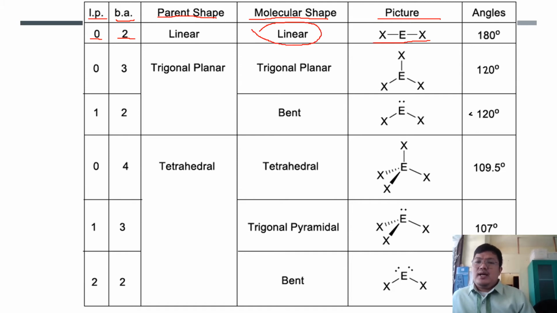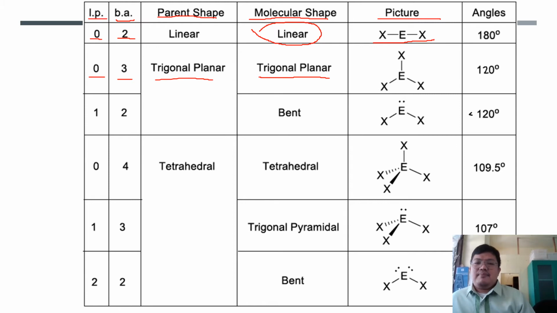This is an example of a linear molecule. Now, if you see that there is no lone pair, but there are three bonded pairs, now the parent shape would be trigonal planar. And then the molecular shape would be trigonal planar, just like this one.